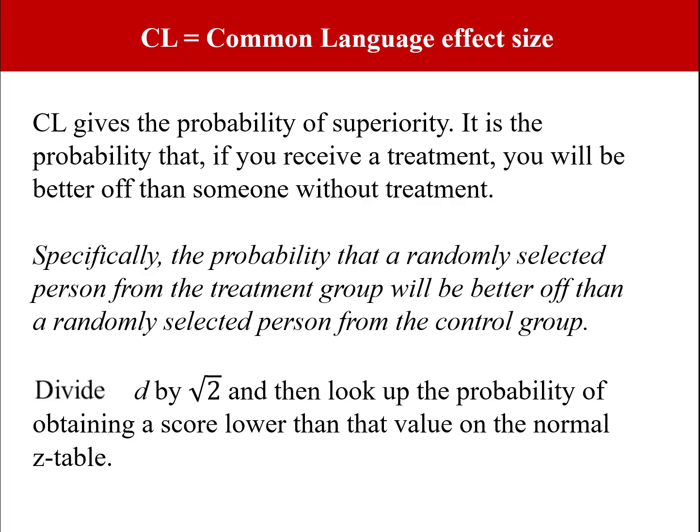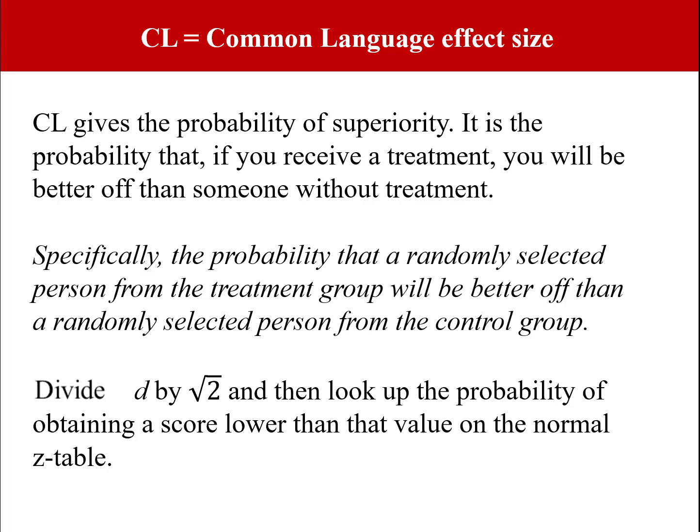Presumably, part of giving informed consent would involve knowing how effective the treatment is likely to be. So how can you convey information to a client or a patient that would explain how effective a treatment is likely to be if they don't understand, for example, what a standard deviation is?